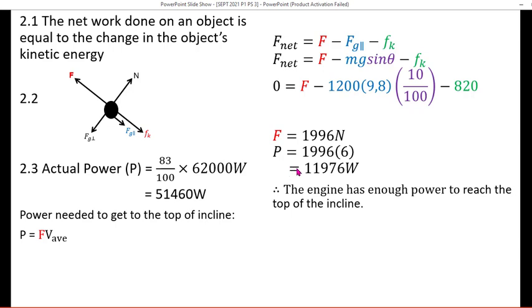It has more than needed. It only needs 11,976, but the engine has got what? 51,460. That's the engine of the car. So we conclude that it has enough power to reach the top of the incline. And that is how we solve this question.